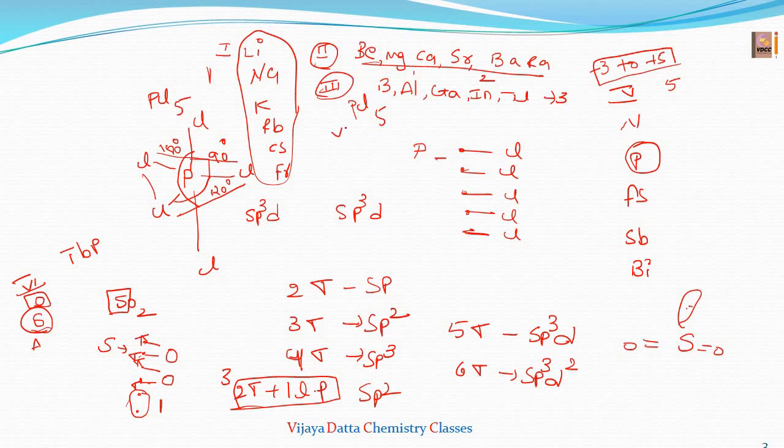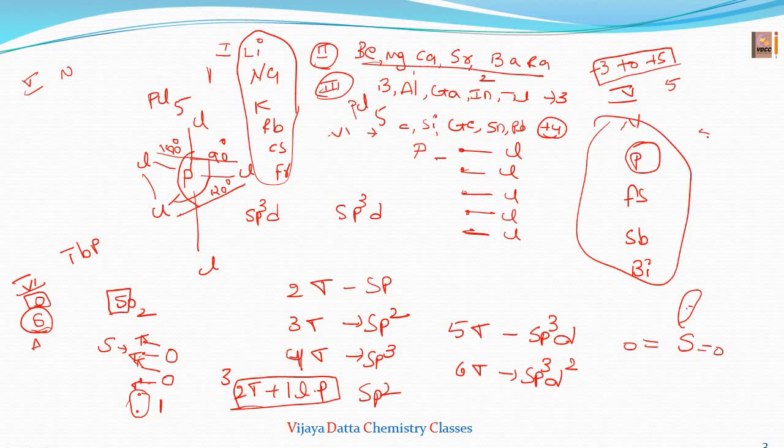Coming to the fourth group elements: carbon, silicon, germanium, tin and lead. So its valence electrons are 4. Then the fifth group: nitrogen, phosphorus, arsenic, antimony and bismuth.